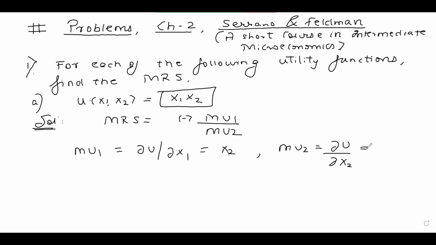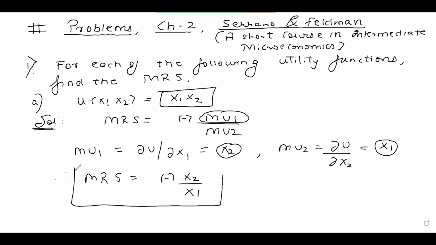When I partially differentiate the utility function with respect to x2, I get x1. So therefore, my MRS is minus x2 over x1. So this is my MRS for part A. Okay, I hope students have understood this.